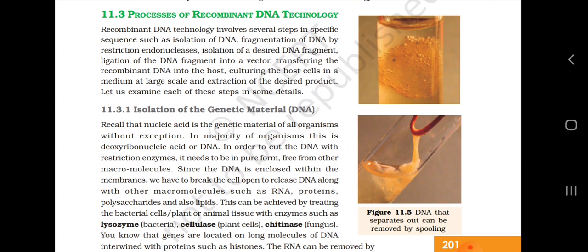The fifth is the ligation of the DNA fragment into a vector. Then inserting the recombinant DNA into the host. Next is culturing the host cell on a suitable medium at a large scale. Next, we need to extract the desired gene product, and lastly, the downstream processing of the products as finished products, which are ready for marketing.